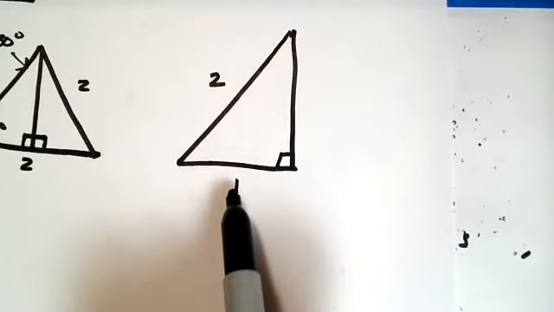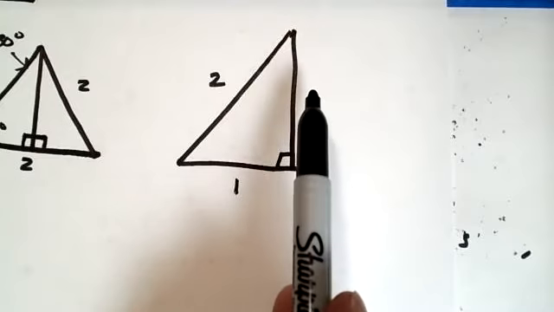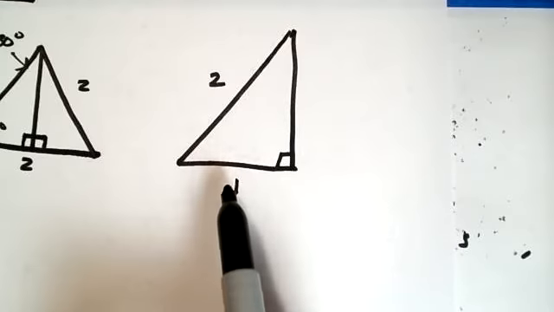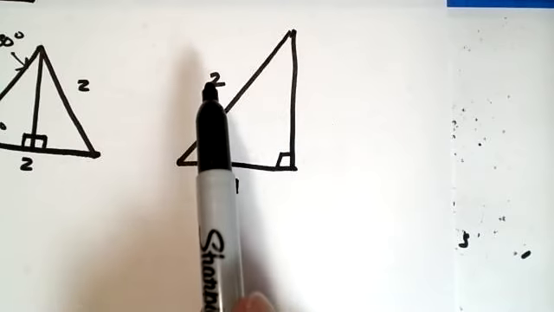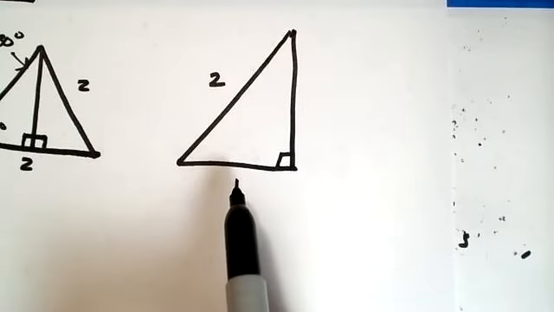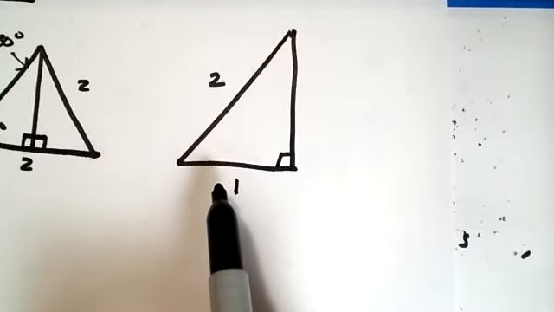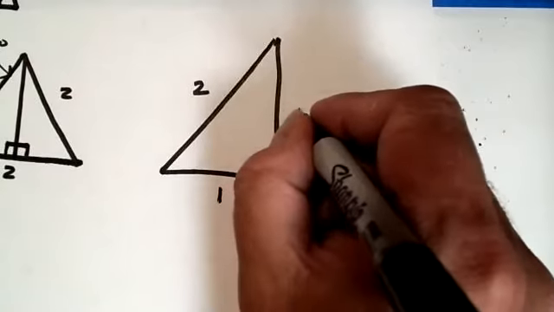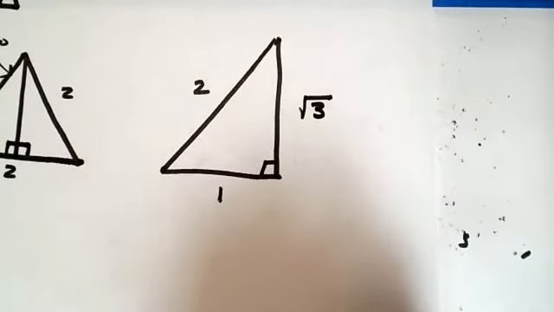It tells you that this number squared plus whatever this number is squared equals that number squared. Or alternatively, this number squared minus that number squared is equal to this number squared. So if 2 squared is 4, subtract 1 squared, 1, which is 3, is equal to this side squared. And so therefore, this other leg is equal to the square root of 3.